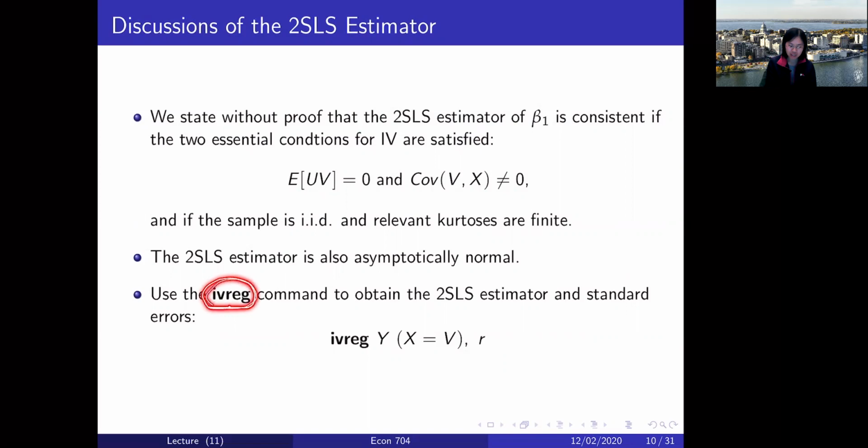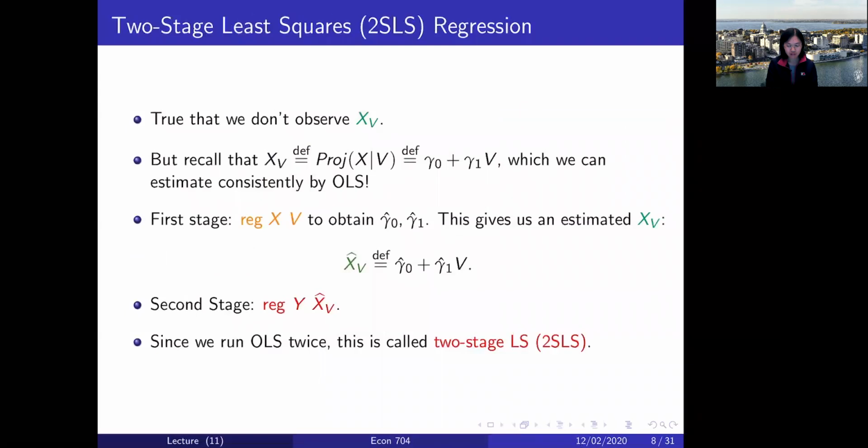This ivregress command will give you the same estimator for beta 1 as doing these two stages manually. But doing these two stages manually will not give you the right standard error for the estimator.